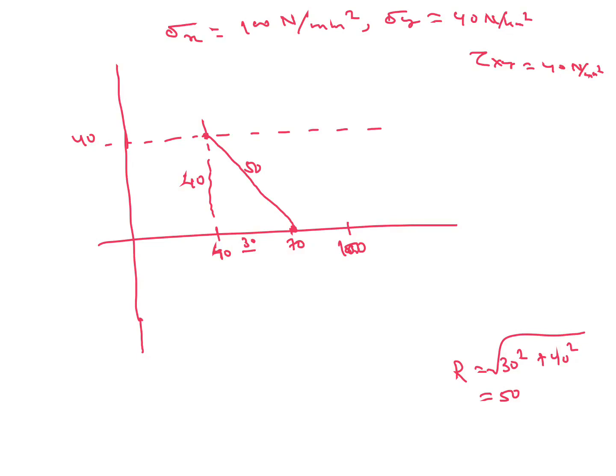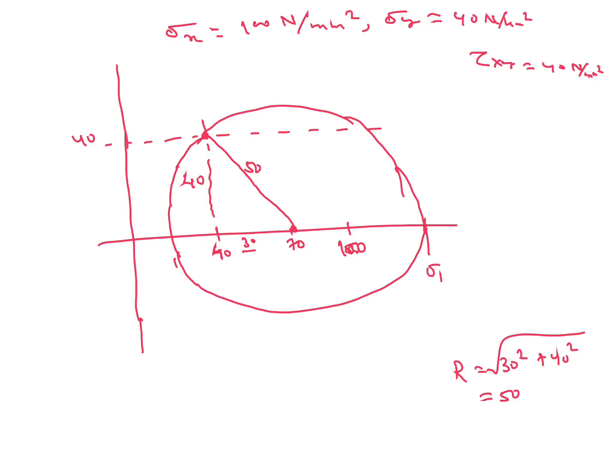Draw the Mohr circle. You will get maximum principal stress sigma 1, 70 plus 50, it's 120. Minimum principal stress sigma 2 is 70 minus 50, 20.